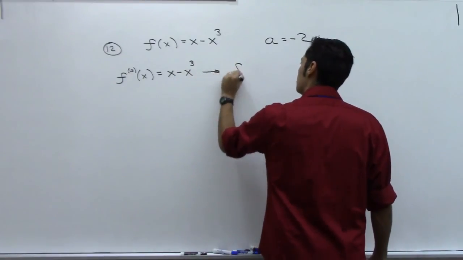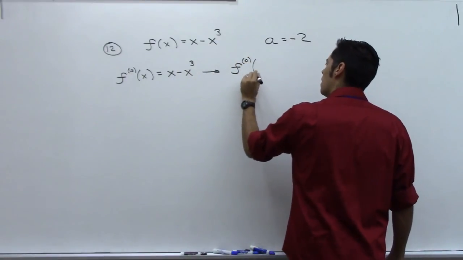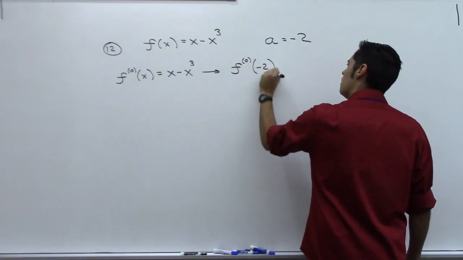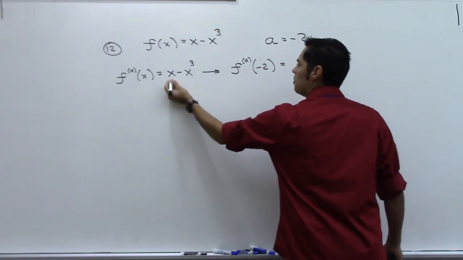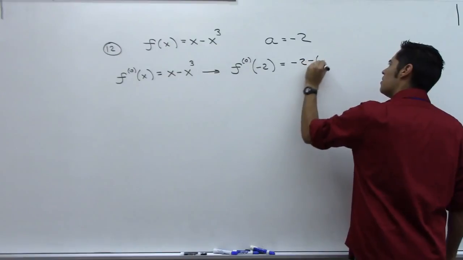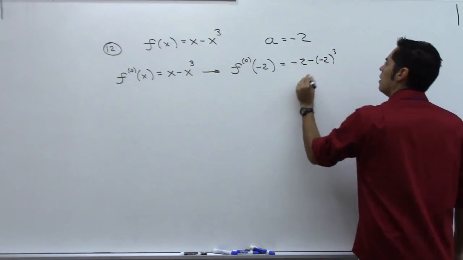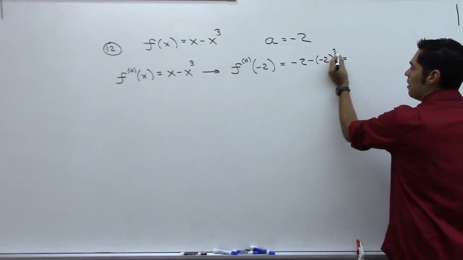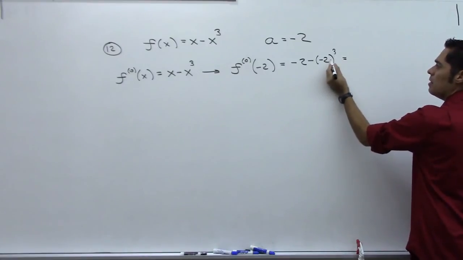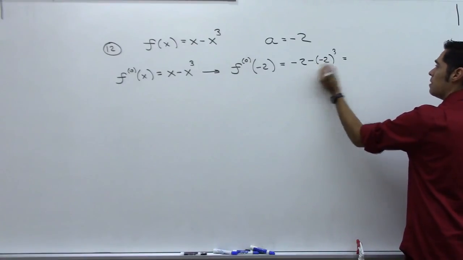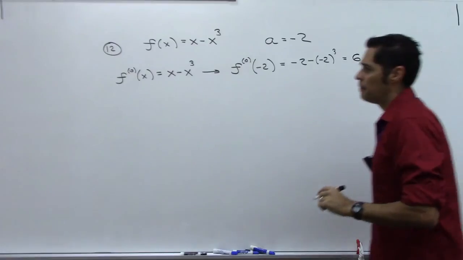Now what I need to do is look at the 0th derivative at negative 2. So when I plug in negative 2, I get negative 2 minus negative 2 cubed. This right here is negative 8, but then I'm subtracting it, so positive 8. So this is a 6.